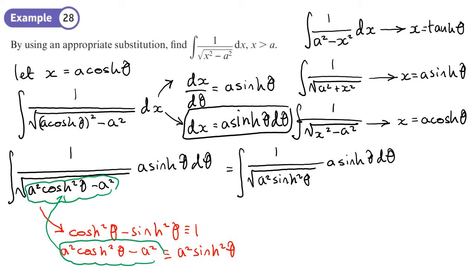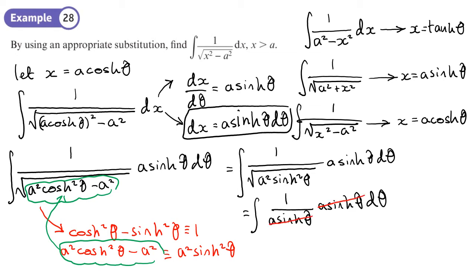So I'm integrating everything with respect to theta here, or it could be u if you use the u substitution. Now what's going to happen is the square and the square root are going to cancel out, just leaving 1 over a sinh theta, and that will cancel out with the a sinh theta there.